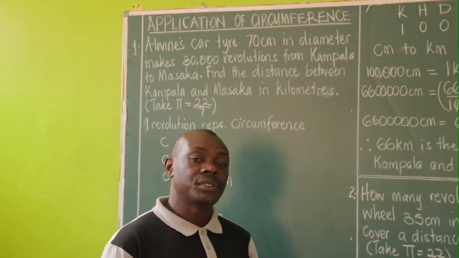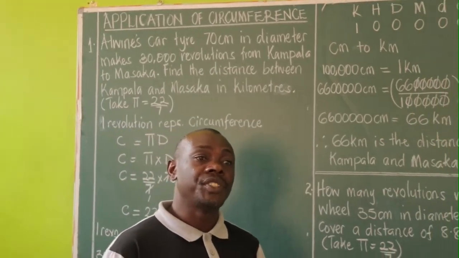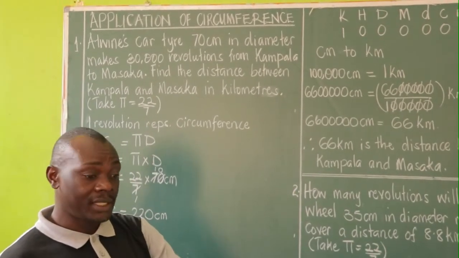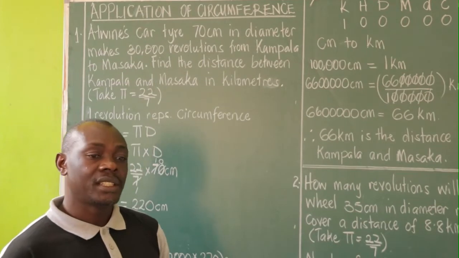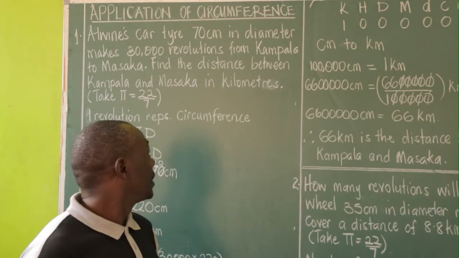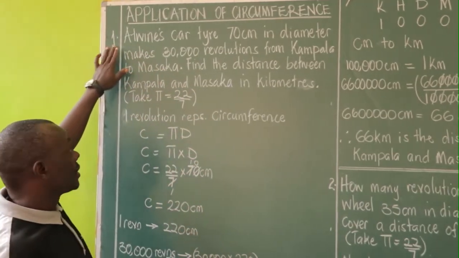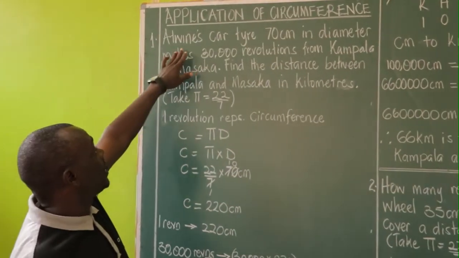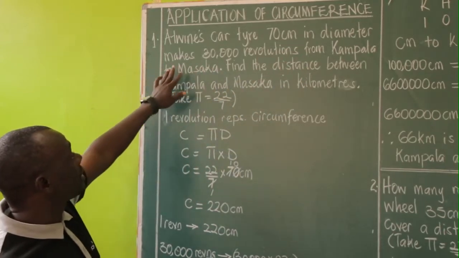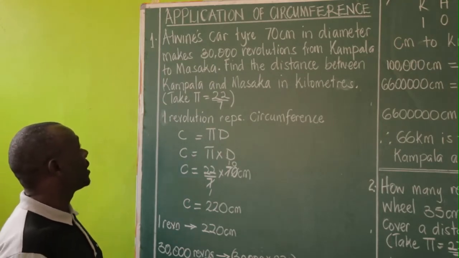As we said before, circumference is the total distance around any circular object. And so, are we going to apply the circumference to see how useful it can be in our daily lives? The first example today reads: a twin car tire 70 centimeters in diameter makes 30,000 revolutions from Kampala to Masaka.